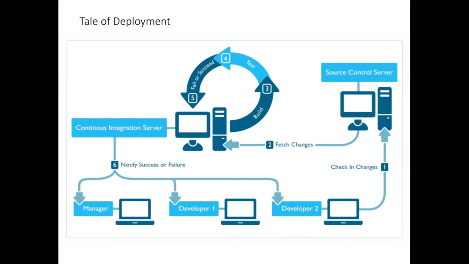There are lots of version control servers available in the market, so they can use anything. And once anybody pushes the changes into the source control server, they will have a build server, technically Maven or Ant. These are the build servers available in the market.